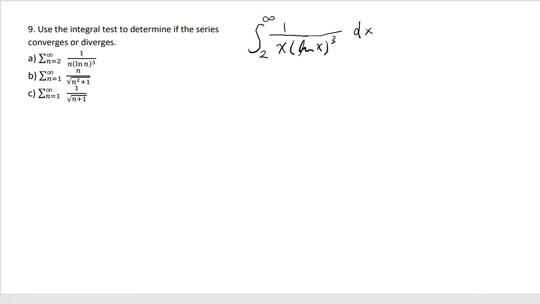If this converges, then we know that this series converges. If this integral diverges, then we know that this series diverges. That's the statement of the integral test.